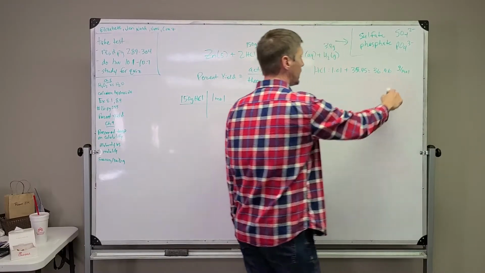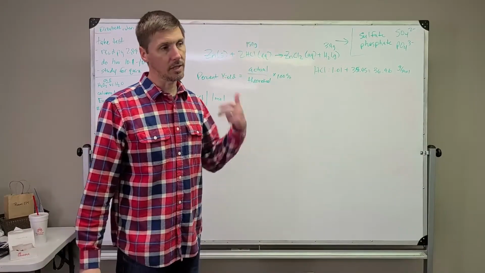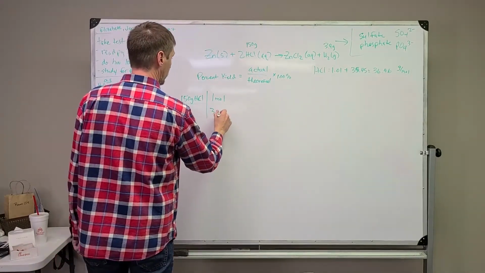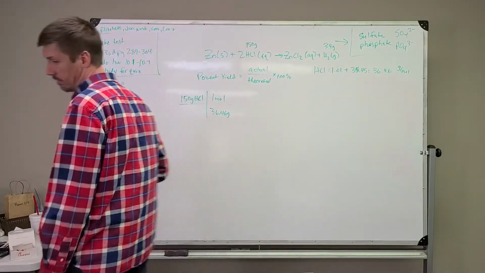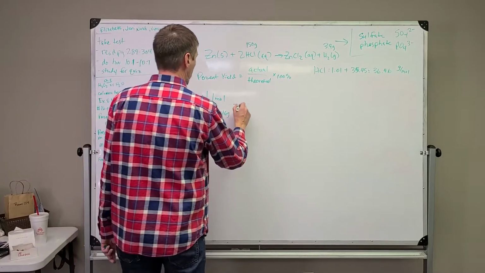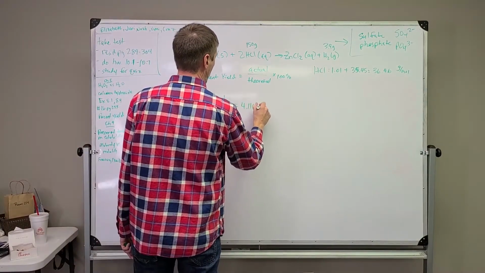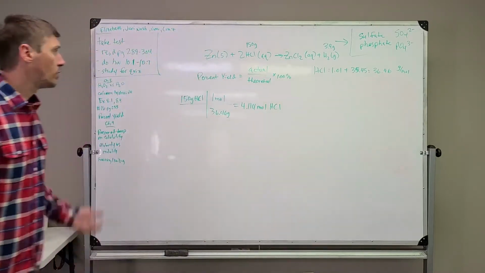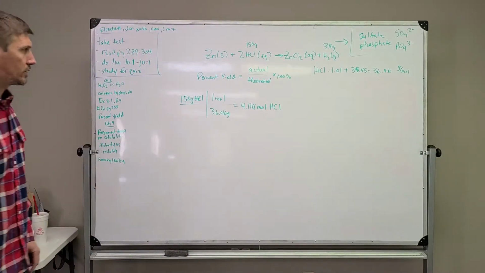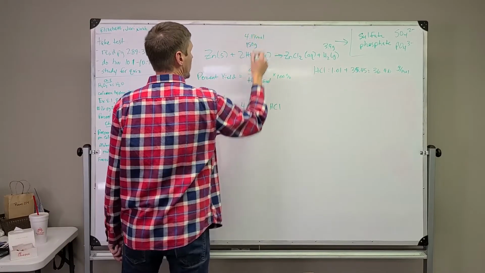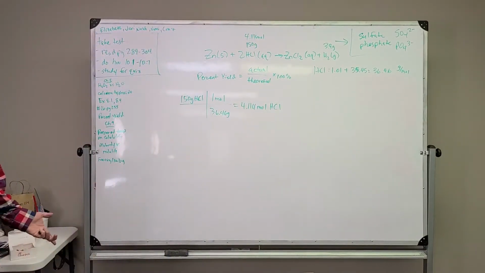If it's that many atomic mass units, then that means for 1 mole of that, we have that many grams. So we're going to write 36.46 grams of that here. And we get 4.114 moles of hydrochloric acid. So if we have 4.114 moles, how many moles of H2 should be produced?